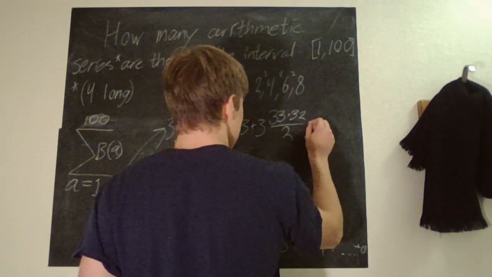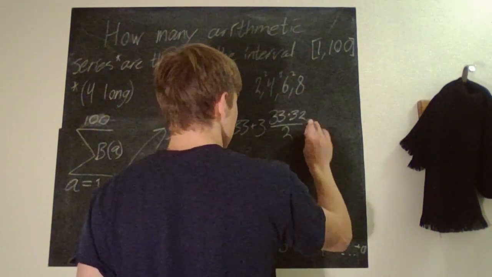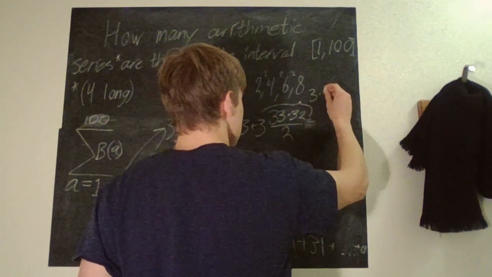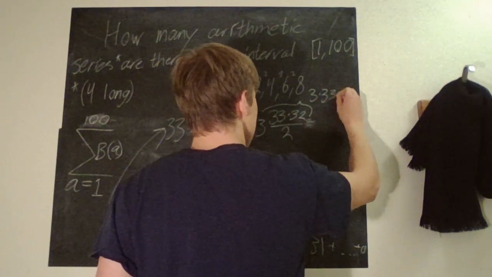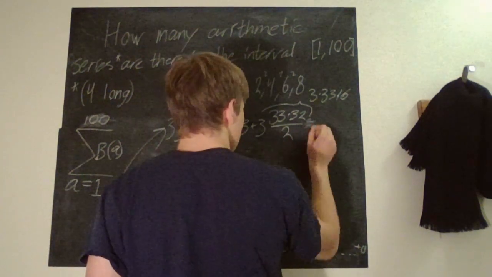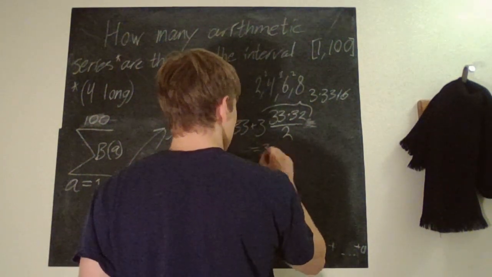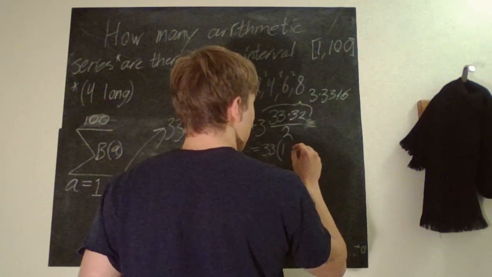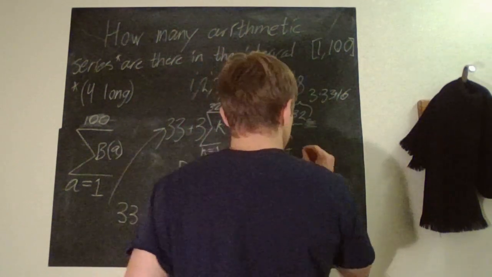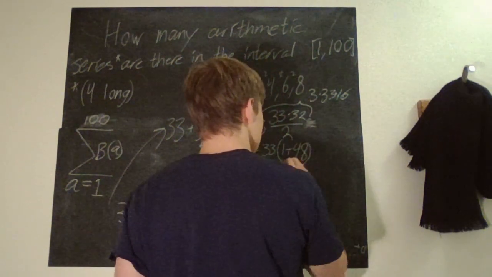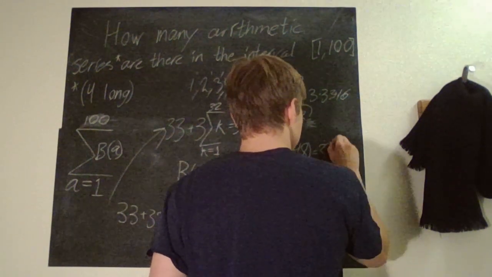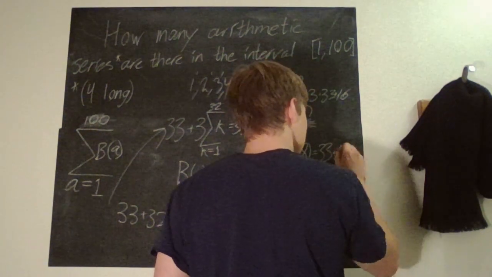And what is this? Well, that's 3 times 33 times 16. So we can extract a 33 from this. We have 33 times 1 plus 3 times 16, which is 48. So this thing is 49, and then it's 33 times 49.